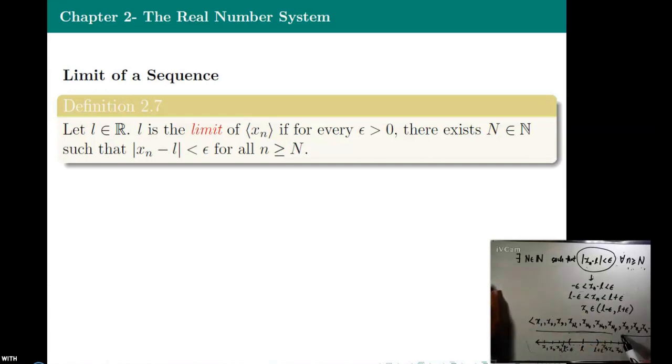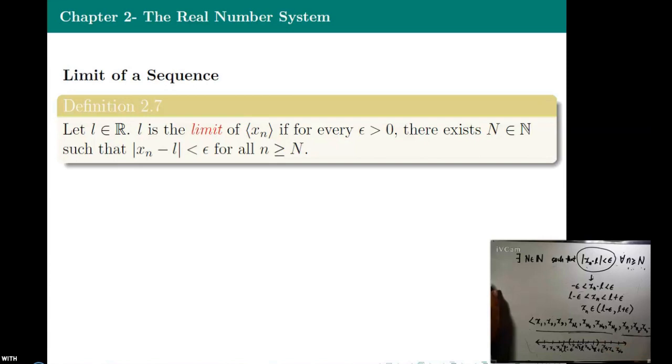These are all inside this open interval. Say we have x sub small n sub 1 here, x sub small n sub 2, x sub small n sub 4, say here x sub small n sub 3, and so on.